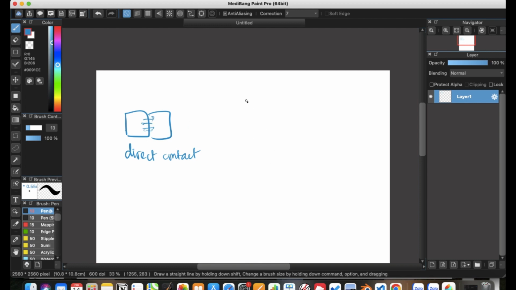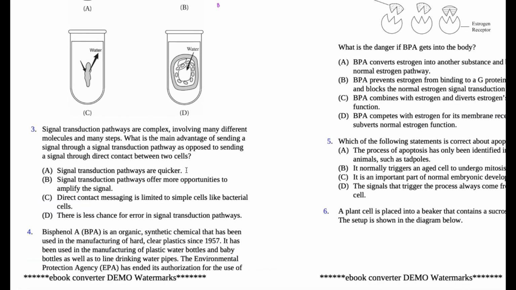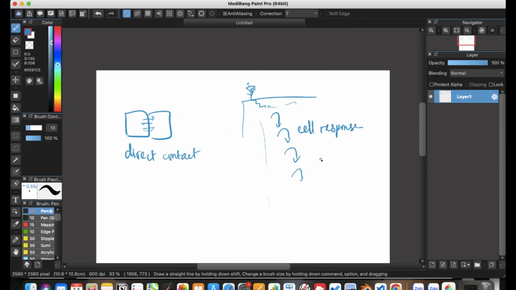However, in signal transduction, when a ligand bonds with a receptor, it will trigger a chain reaction, which is the cell response, with many steps. So actually, it's not going to be quicker or faster, and there might be more chance for error since it requires many steps.